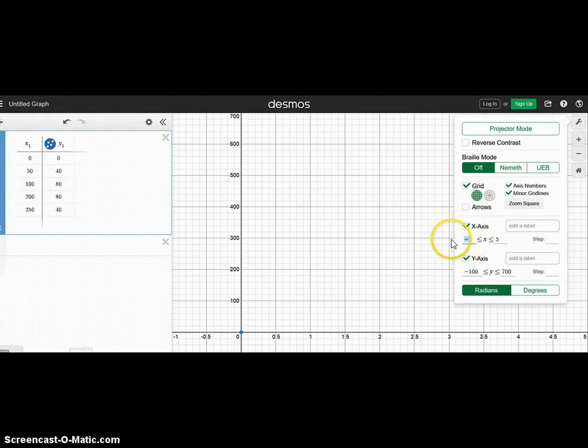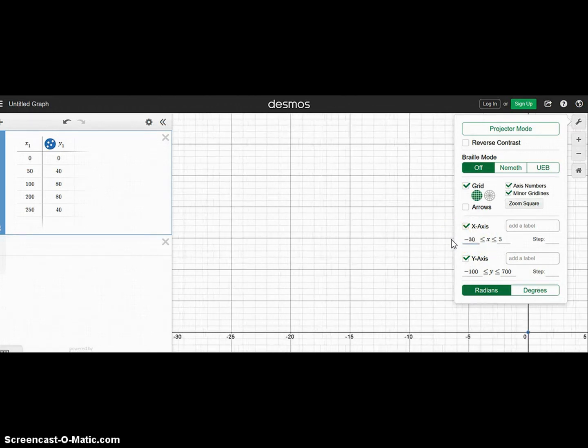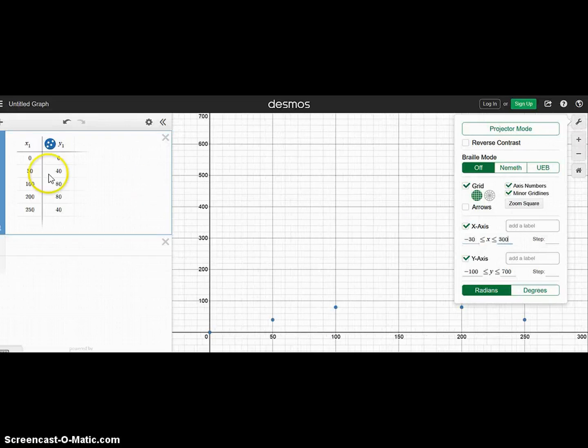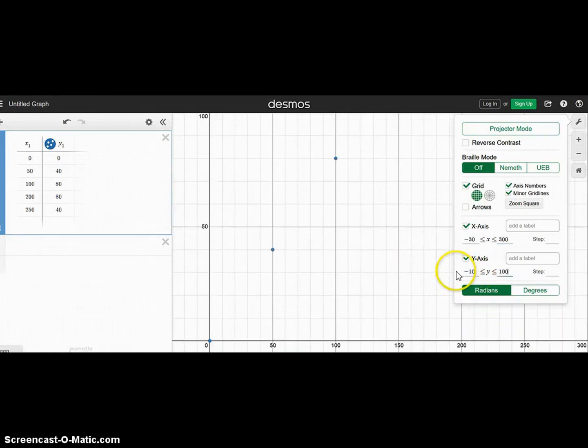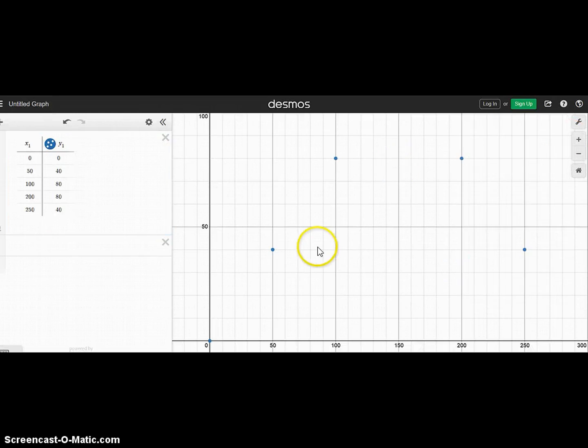So I'm going to go from minus 30 maybe up to 300. And then our y's only need to go to a little more than 80 but less than 100, looking at the original graph given. So I'm going to go minus 10 to 100. And we can see our data.